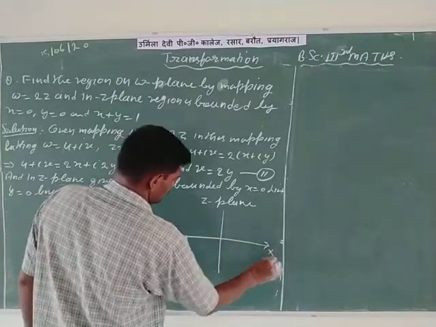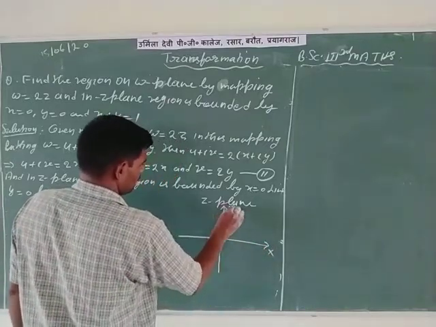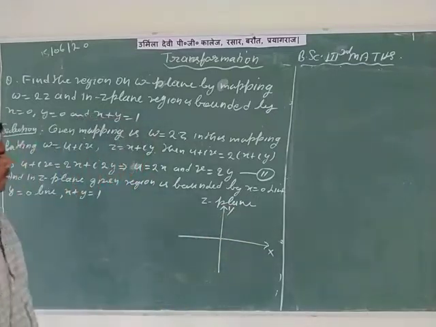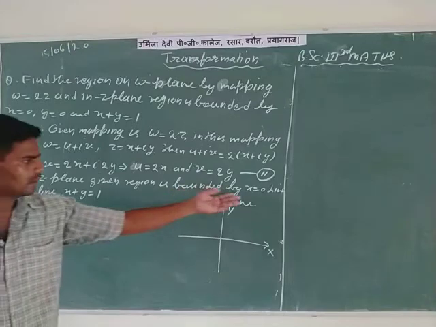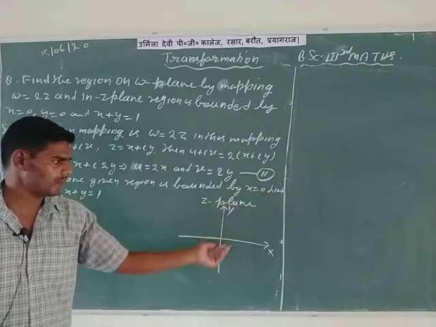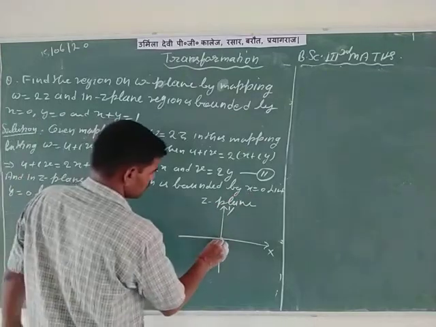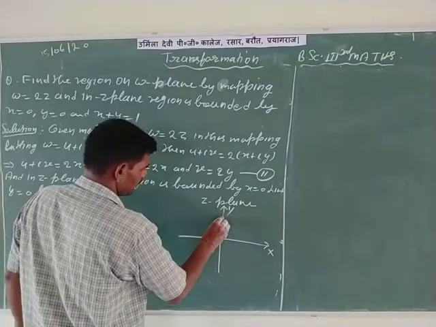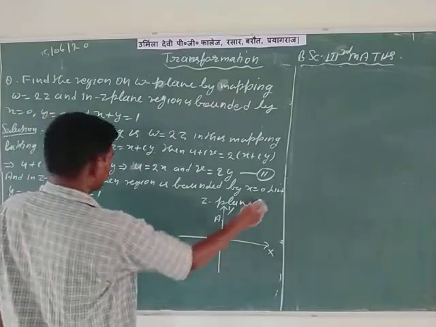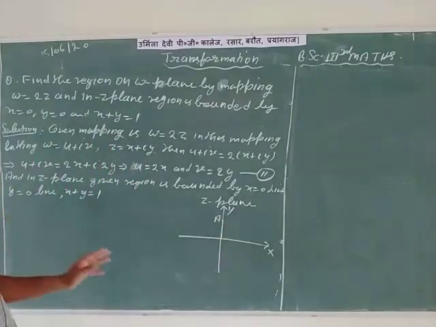Draw the x-axis, y-axis, and the 0 point. Draw the line x is equal to 0, meaning the y-axis, and suppose the point is capital A. The second line is y is equal to 0, meaning the x-axis.